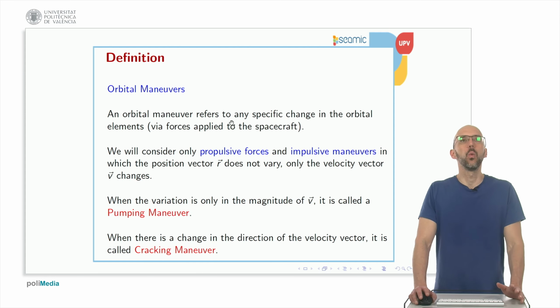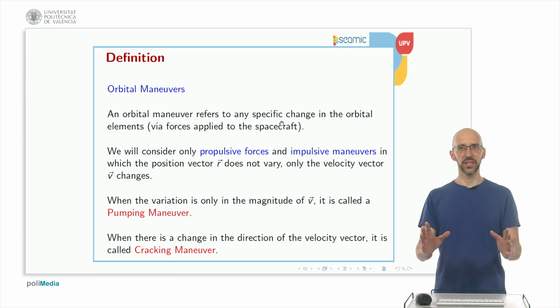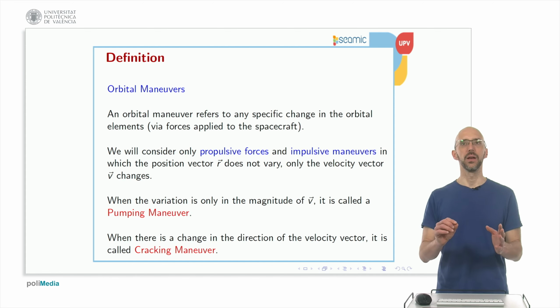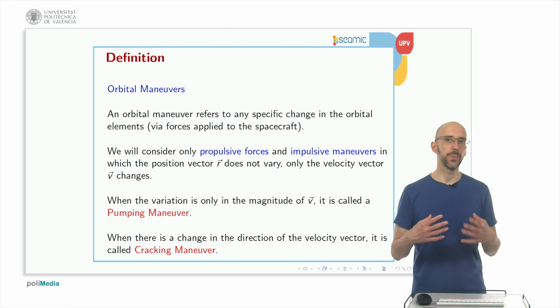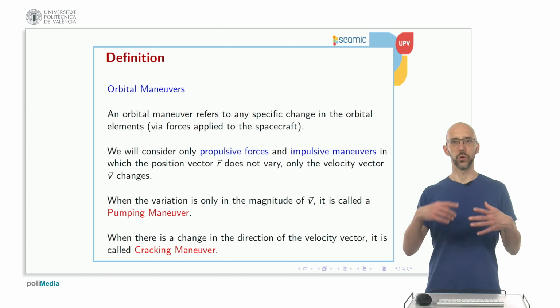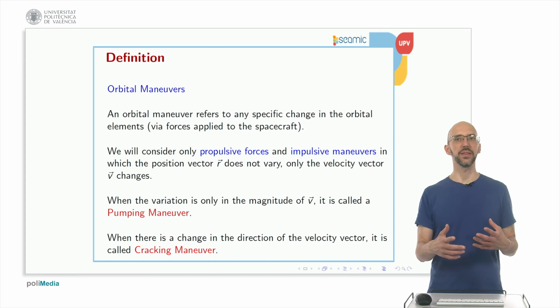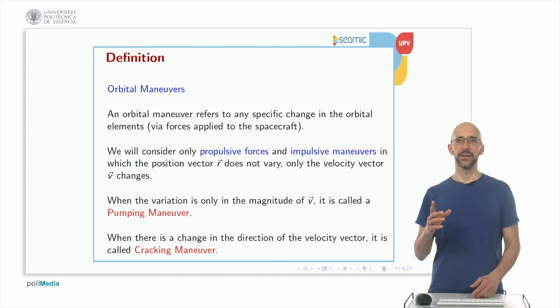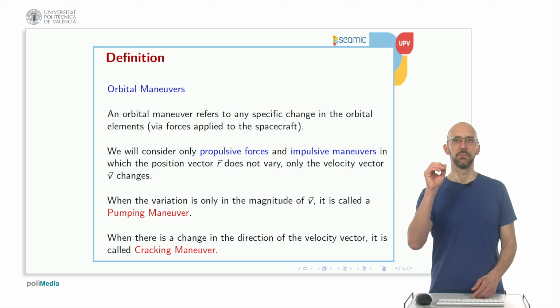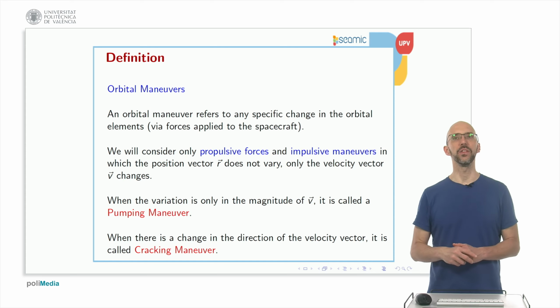Let's start with what an orbital maneuver is. An orbital maneuver is a change in the orbital elements when a force is applied to a spacecraft. I mean, you have a satellite orbiting the Earth, for example, and then we push this satellite in one direction.